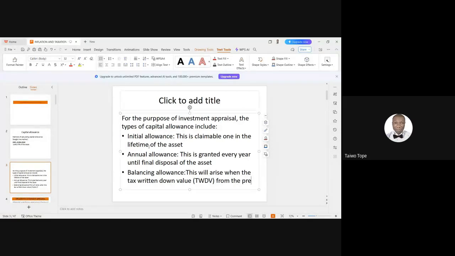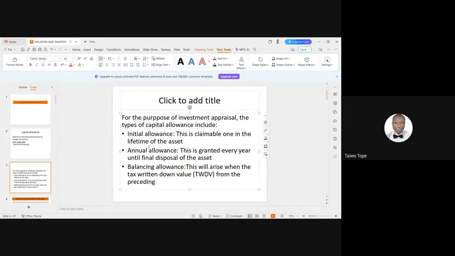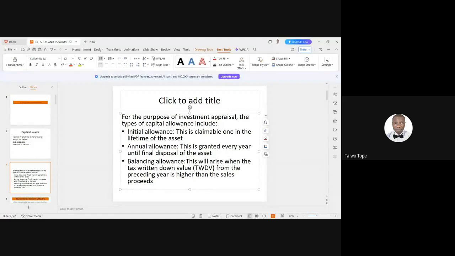You know, these are terminologies of tax: preceding, penultimate, ultimate, and the rest. Any question?